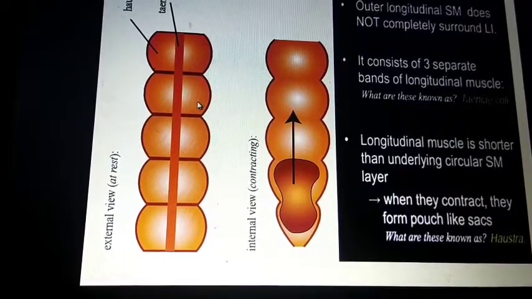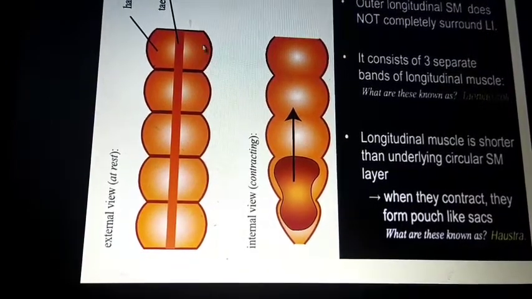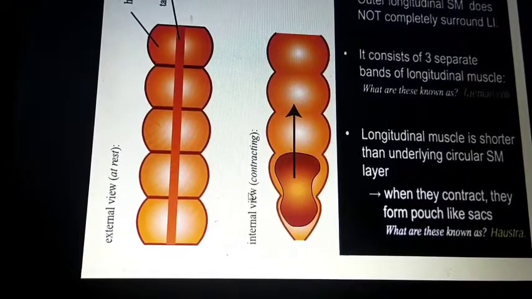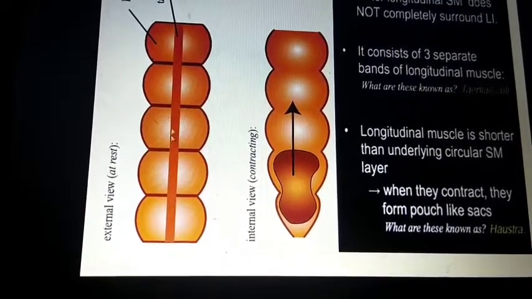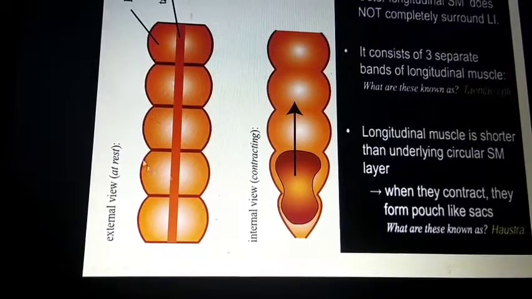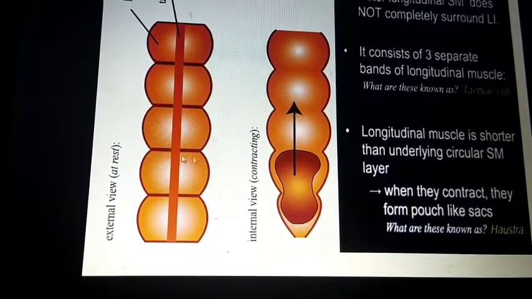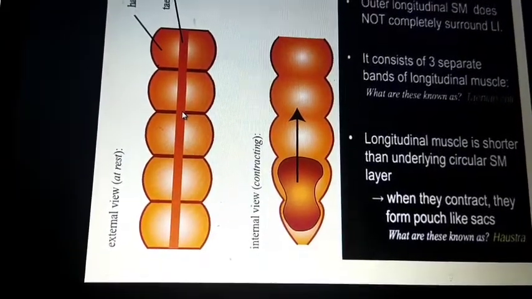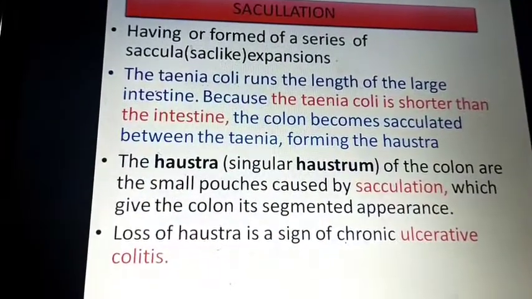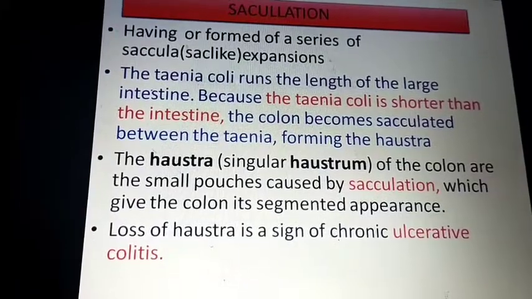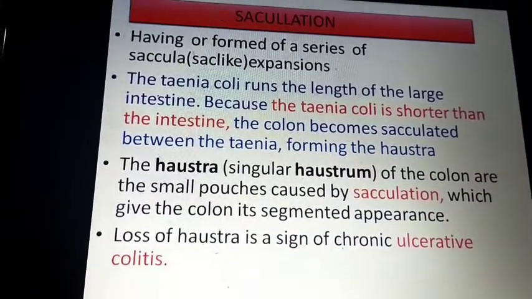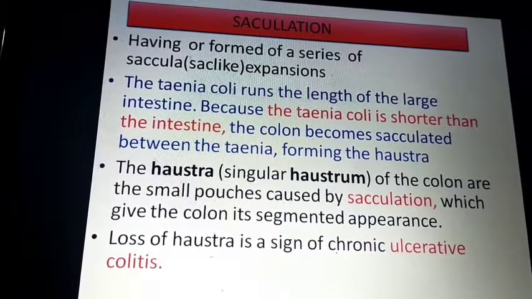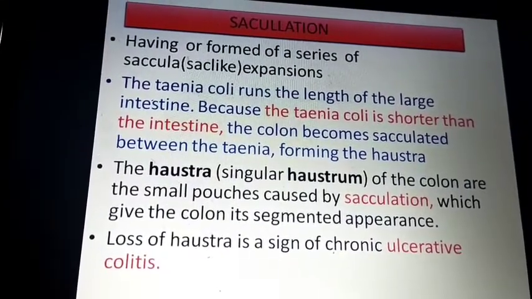Because of the contraction and pouching, a sac-like or pouch-like structure is formed. Because of this, the large intestine has haustrations or sacculations. You can see the haustra, singular haustrum, of the colon are the small pouches caused by sacculation, which give the colon its segmented appearance.